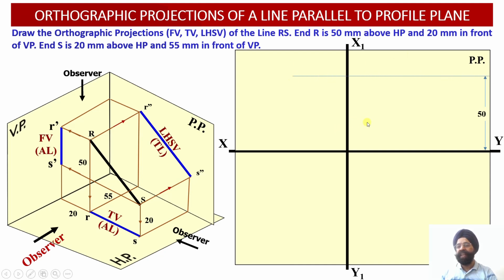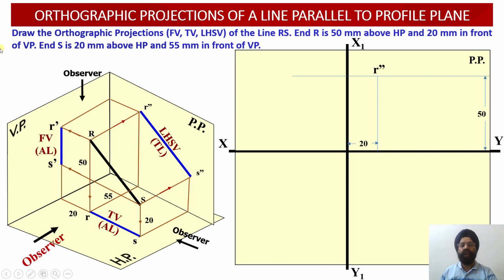Similarly, the distance of 20 millimeter in front of the vertical plane also we have marked over here. So wherever these two construction lines intersect with each other, this point will provide us with the side view projection corresponding to the point R, that is R double dash.